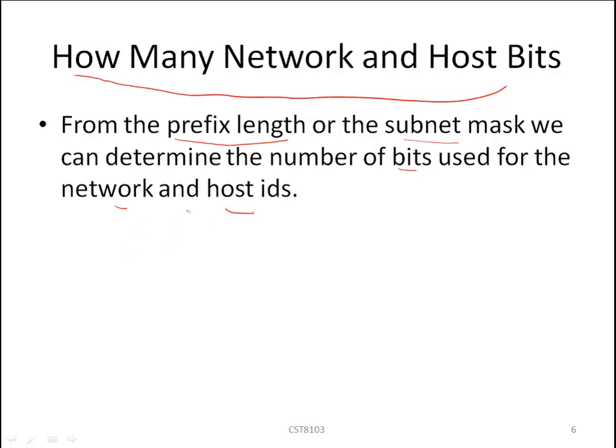So if we have a /24 prefix, then what the /24 tells us is the first 24 bits, or the high order bits of our 32-bit address, represent the network ID.